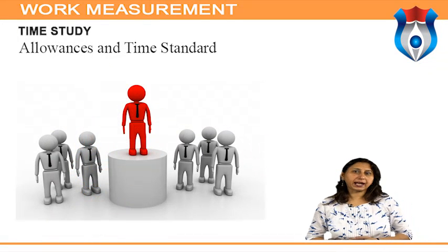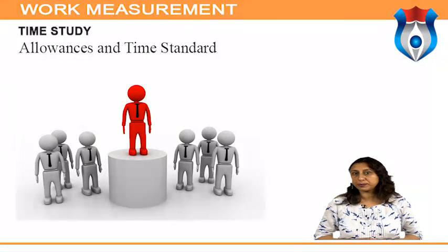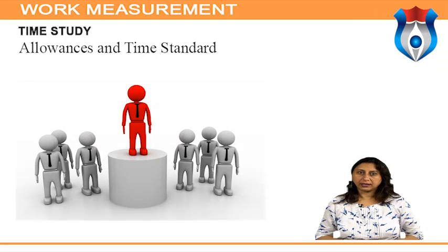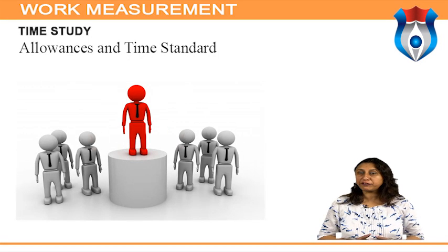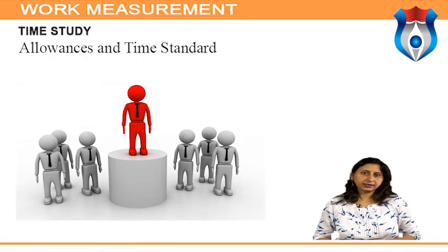Allowances and time standard. Normal time is calculated as the product of observed time and the rating. This time represents the amount of time taken by an average worker working at a normal pace to complete the task.